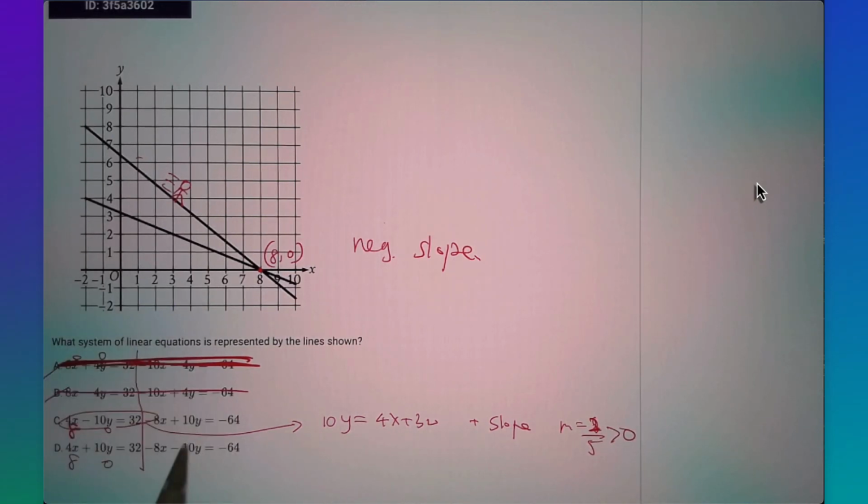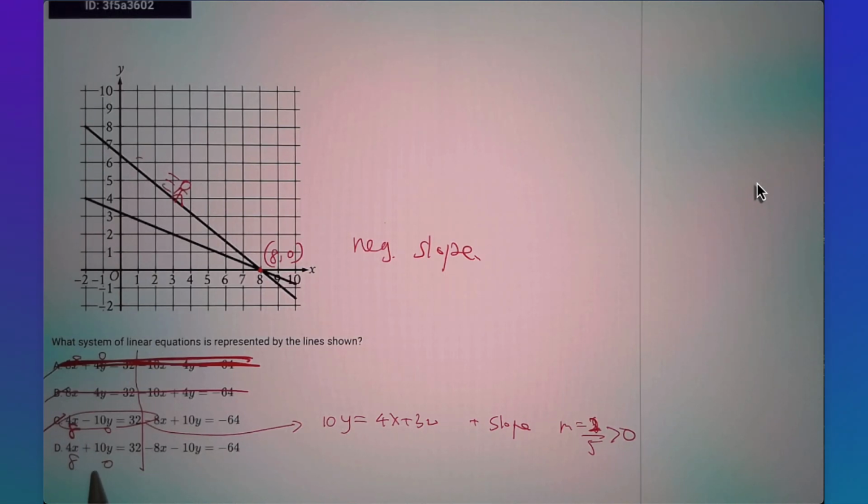We're seeing negative slope, but it's telling us the equation is positive slope. You see that both equations should be negative slope. So we don't even need to test the second equation. C is out. And if C is out, you know D has to be the correct answer.